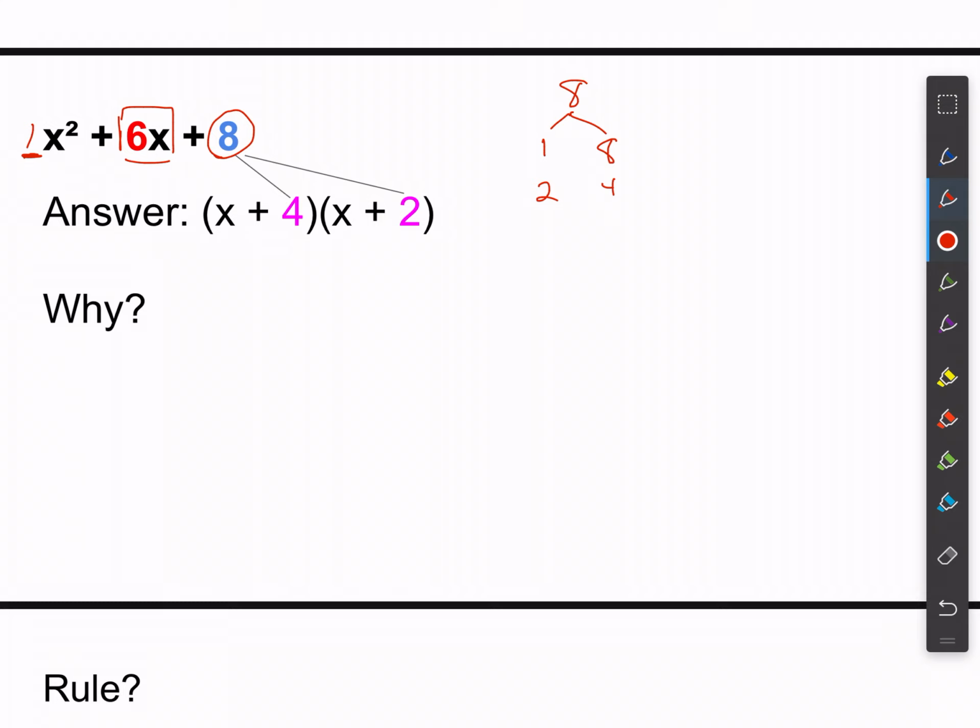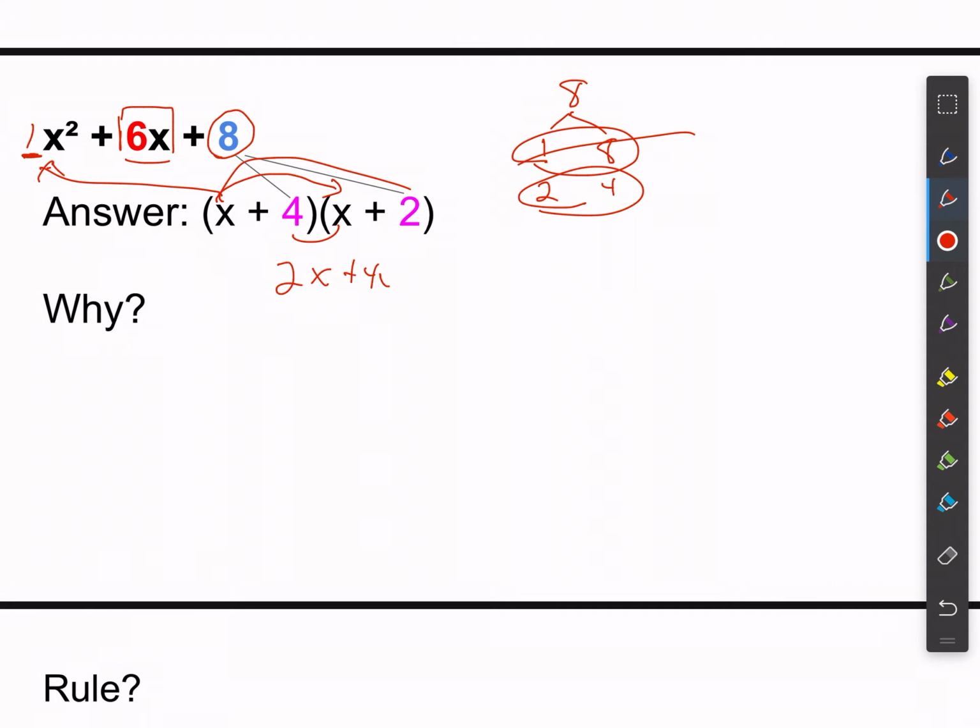So notice 1 and 8 will never give me a 6, so we're not going to use this. But 2 and 4, when you add those together, they do give me 6. Okay, so I can rewrite this as x plus 4, x plus 2. And to check myself, I am just going to FOIL it back out. So x times x gives me the x squared. x times 2 gives me 2x. 4 times x gives me 4x.